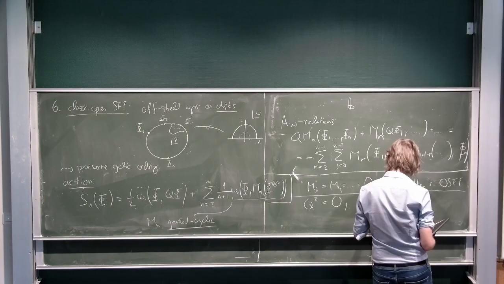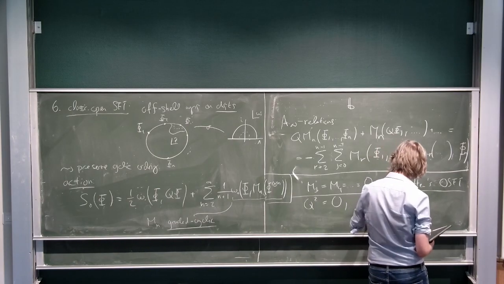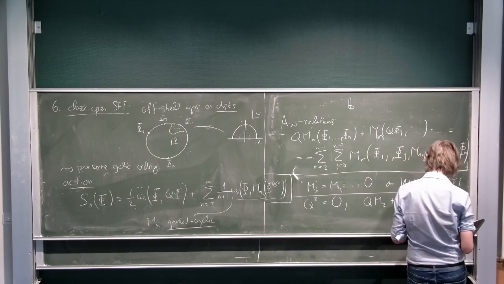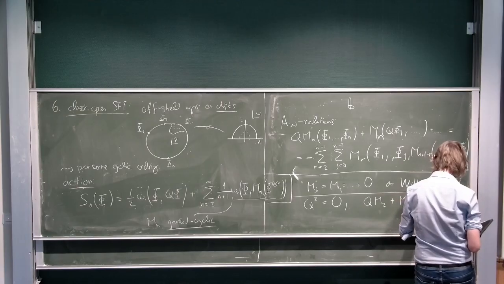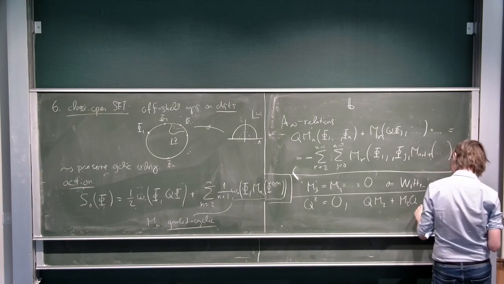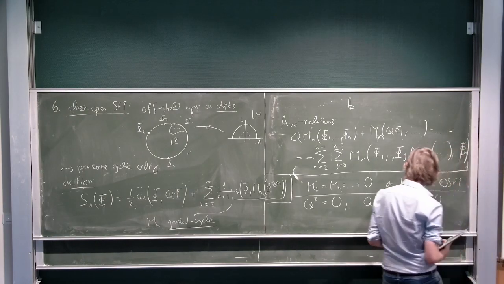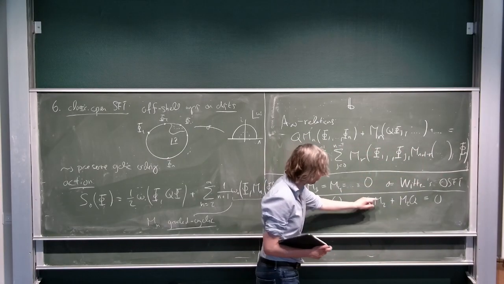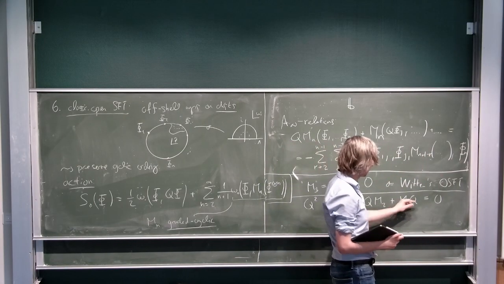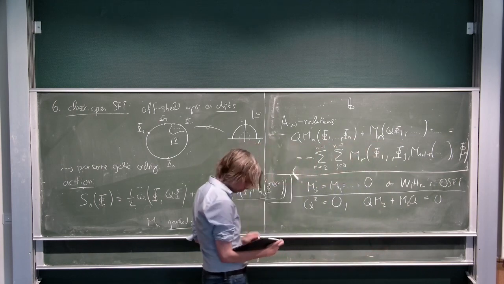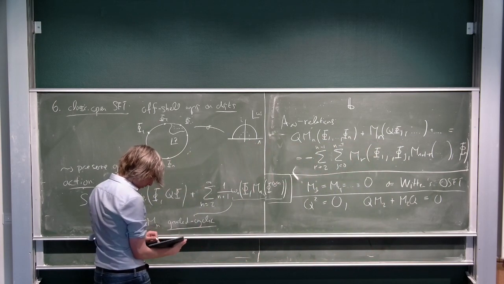that Q acts as a derivation of this M2. So schematically, that can be written as saying that Q commutes with M2. So when I act on the output of M2, it is as good as acting with Q on the inputs. So Q is a derivation of M2.